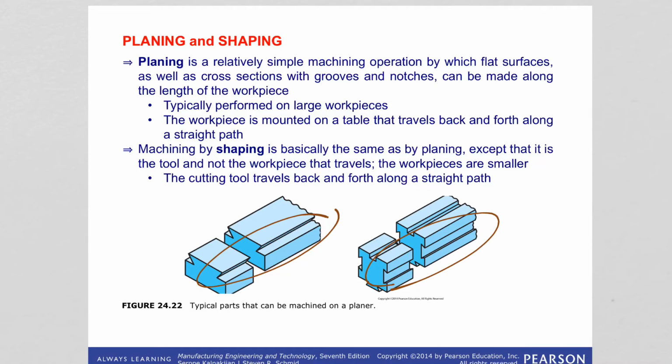This is typically performed on large workpieces, and if you watch the videos you will see in this case the workpiece travels back and forth along a straight path to shape the surface. There is a reciprocating motion, okay, back and forth.